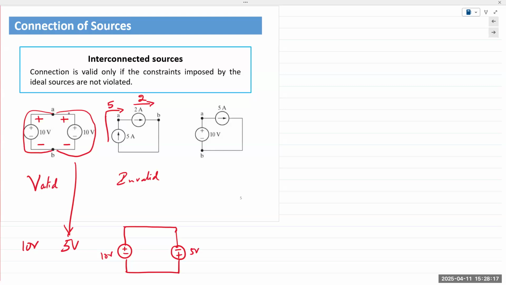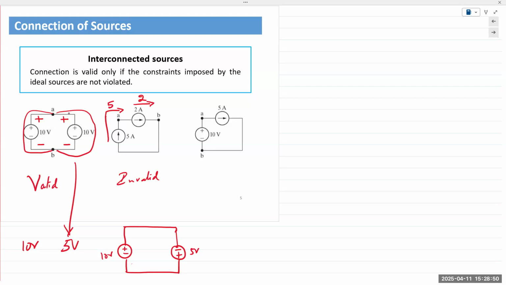In a series connection, the voltages will add up. So if there was a resistor or something in the middle, this would be in series. The 10 volts and the 5 volts are in series, and so they would add up. So in a way, this would be valid because the polarity is not the same. They are not trying to maintain the same polarity across the same terminals. So it's valid, but only if there's a component in the middle. If you connect a power supply directly like this, then it would not be valid.